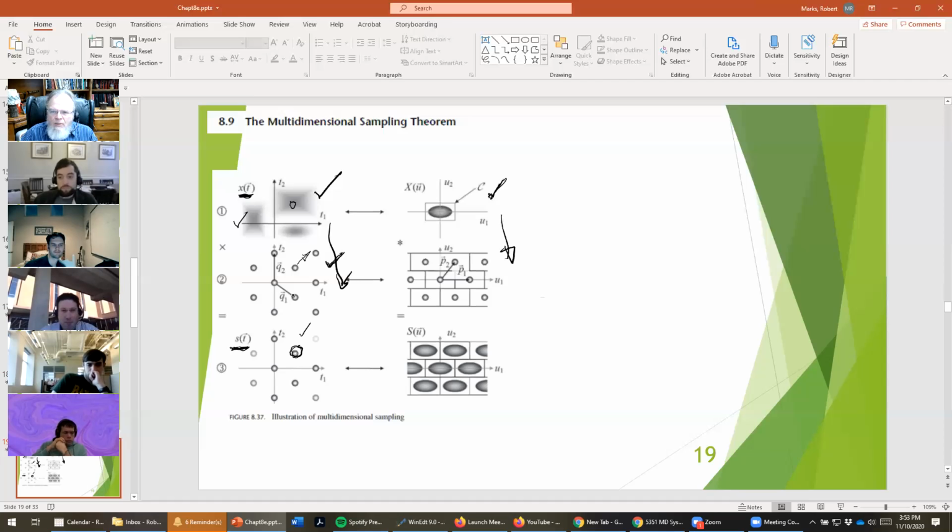So in summary, we sample in one domain, we replicate in the other domain. And the signal of samples, S of t, has a Fourier transform, which is the replication of the spectrum. Now notice the Fourier dual here. This is a Fourier series, right?